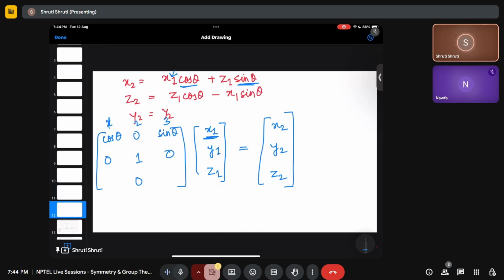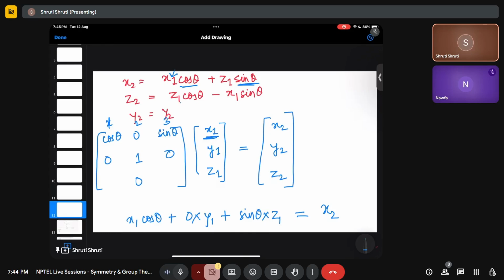So if you do the multiplication, it will be x1 cos theta plus 0 into y1 plus sine theta into z1 will give you x2. Understood? So we are just representing the multiplication which we already have in matrix notation.